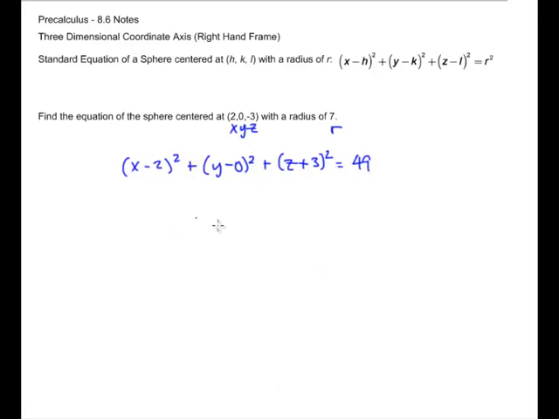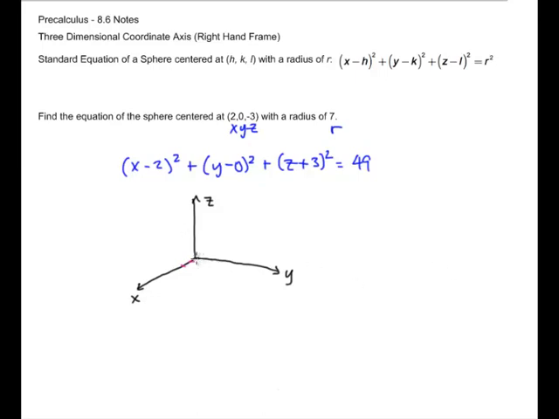Now, if you wanted to go gangbusters and graph that, then we would need our 3D axis. And we need to find that center. So that center's at the point 2, 0, and then negative 3.